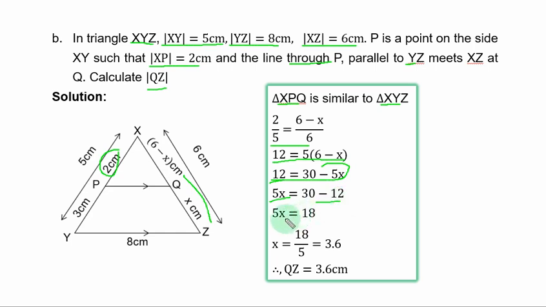If you subtract, you have 5S equal to 18. Divide both sides by 5. S is equal to 18 over 5, and that is 3.6. Now S is QZ. That is QZ is equal to 3.6 centimeters.